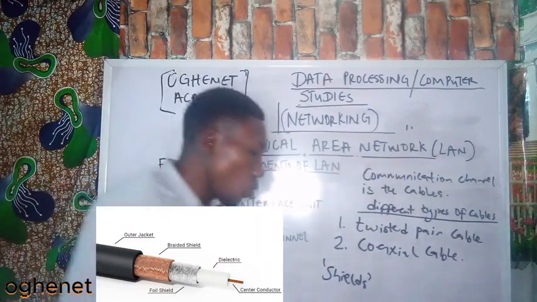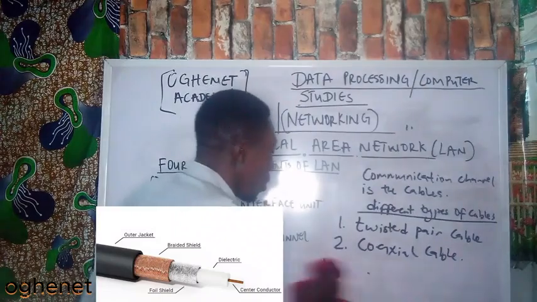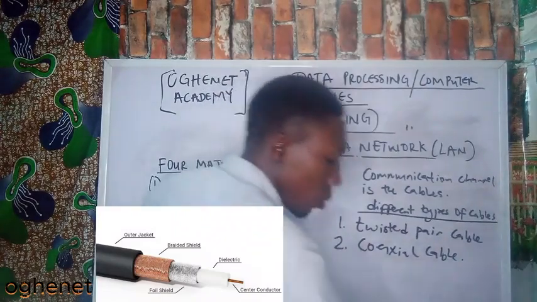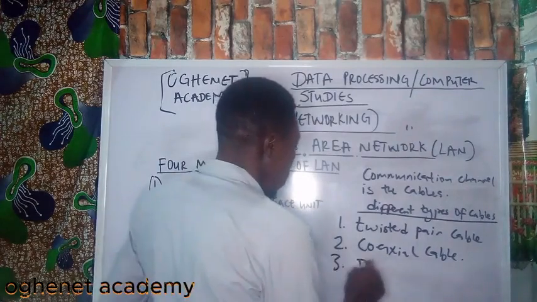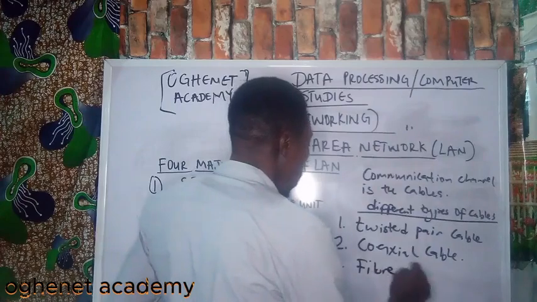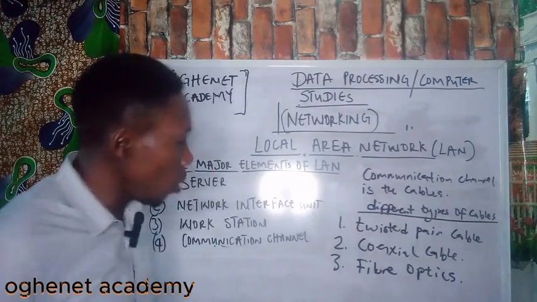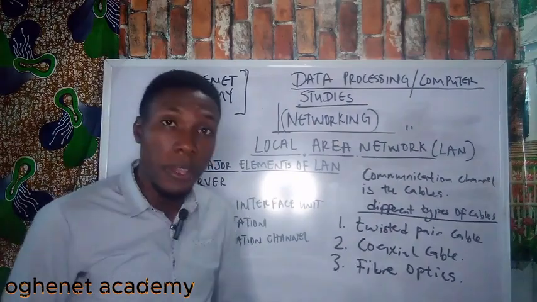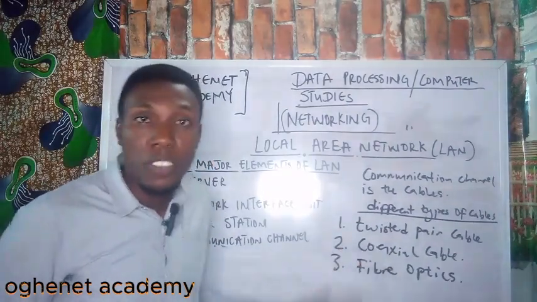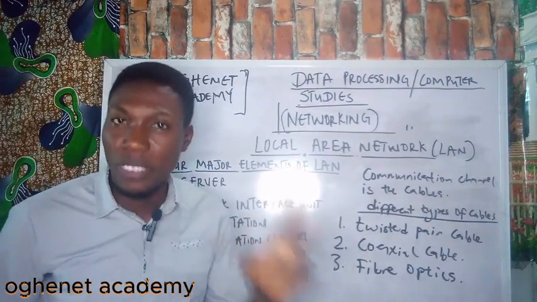All right, so the final and third communication channel that we're going to be dealing with right now is the fiber optics. Now, before I go into the fiber optics, I'll tell you the limitation of both of these two. The twisted pair, its major limitation is that it cannot transmit enough data.